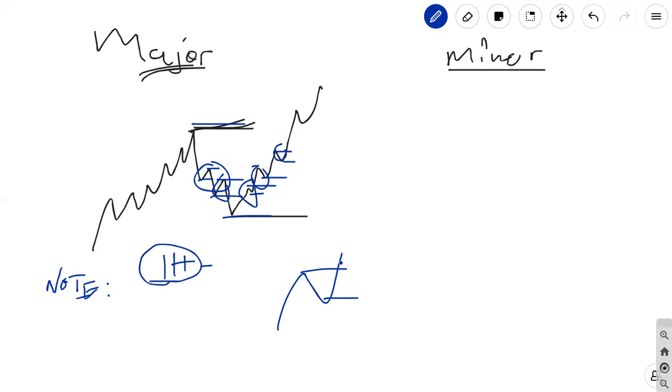Yes, it is correct, but in terms of the theory behind trading minor and major, you need to observe these minor and major structures in the same time frame that you are in at that moment.